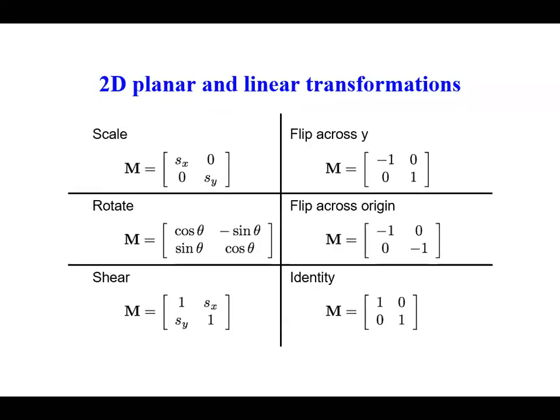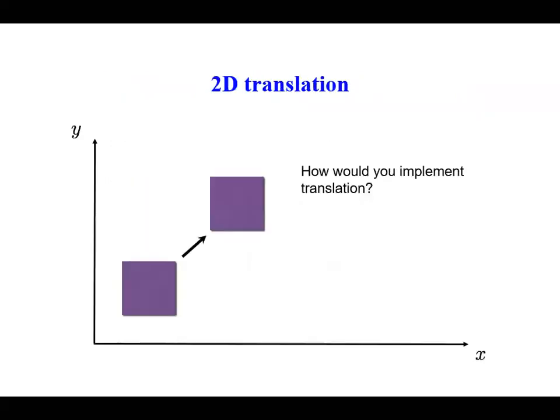Scale, if you remember, is just scaling in x and y, with nothing in the off diagonal. Rotate, we already showed. Shear is already here. For the flip across the y, if you do the math, you will find this is the matrix. If you flip across again, you just have an identity matrix. So at the end, you have a different M for each particular transformation.